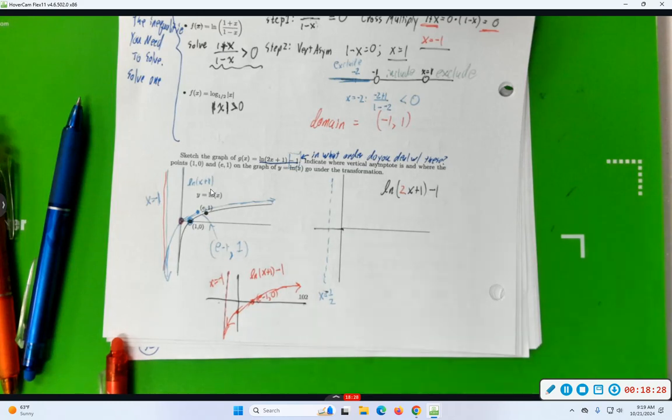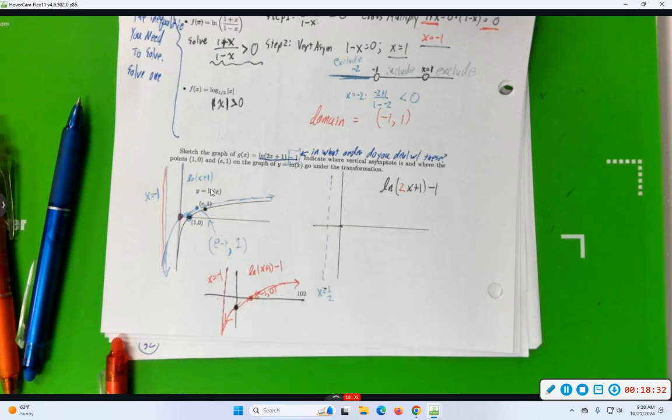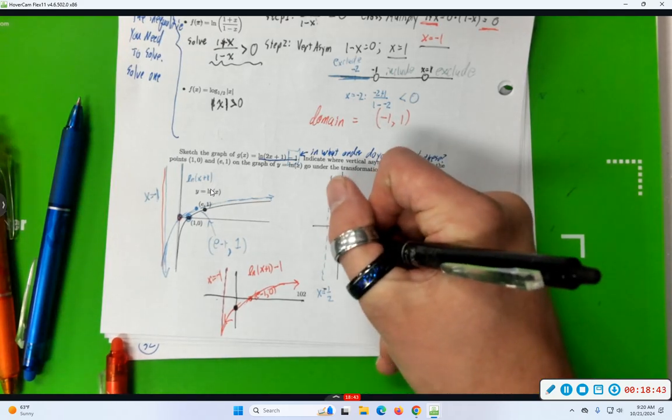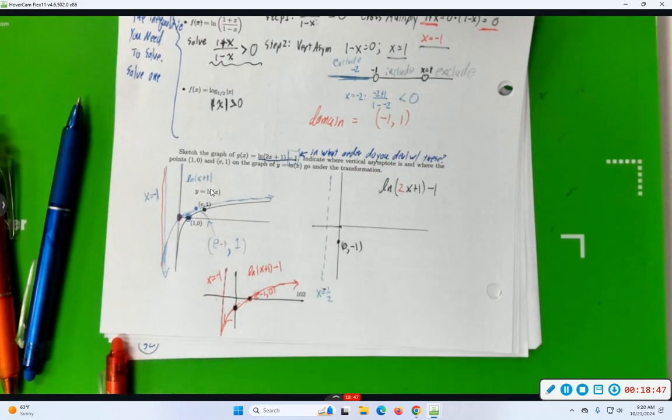All right. All the x values are getting divided by 2. I see this point here at 0, negative 1. Where will it go when I divide the x value by 2? Stays put. 0 divided by 2, still 0. I see this point here at e minus 1, comma 0. Where will it go? Whatever e minus 1 divided by 2 is, comma 0.